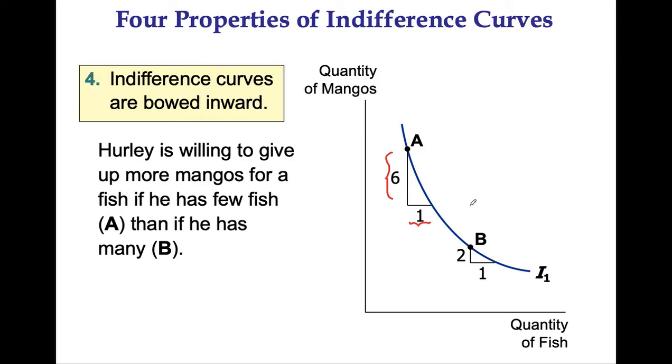So he would trade one more fish for fewer mangoes when he is in B. So now in B, to get one more fish, he accepts to give up only 2 mangoes instead of 6 like it was at point A. So this is the fourth property, that indifference curves are bowed inward.